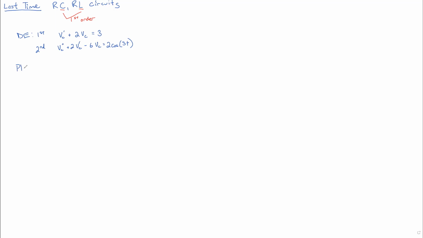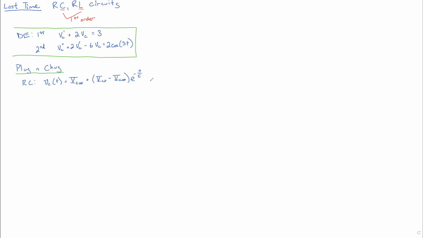And that plug and chug equation is that for RC circuits, the voltage across the capacitor for time greater than 0 is equal to whatever that voltage is across that capacitor at infinity, plus the voltage across that capacitor at 0, minus the voltage across the capacitor at infinity, all times e to the minus t over tau.